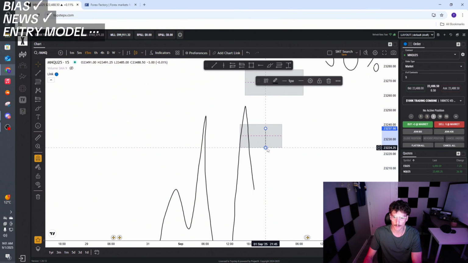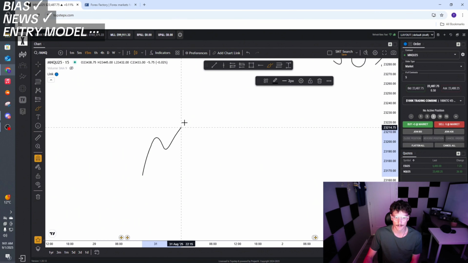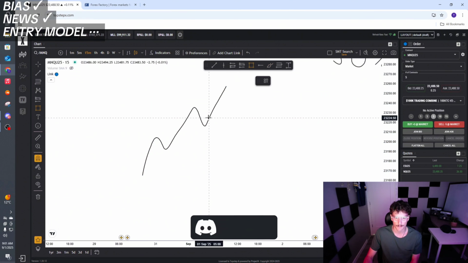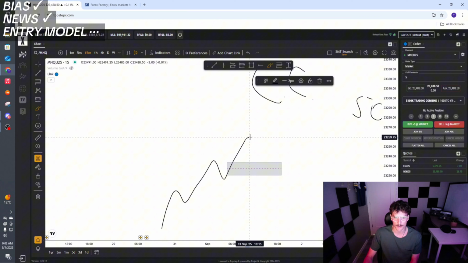We'll go over one more example. Say we are right here, right? Say we are in an uptrend. We make a fair value gap right here. We make a decent fair value gap right here. So what I look for is for price to trade down into the fair value gap.